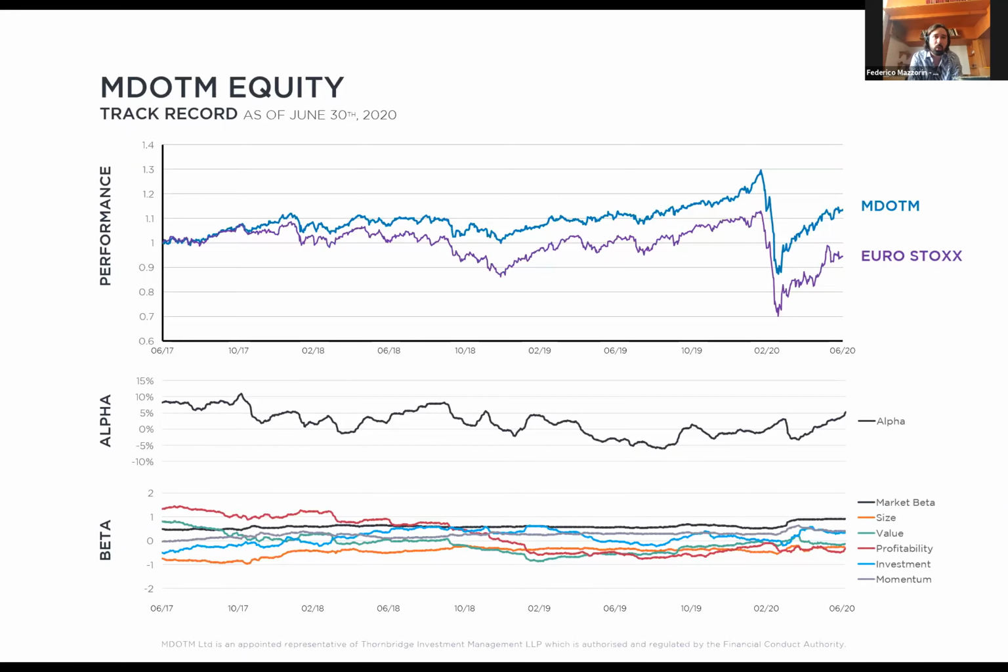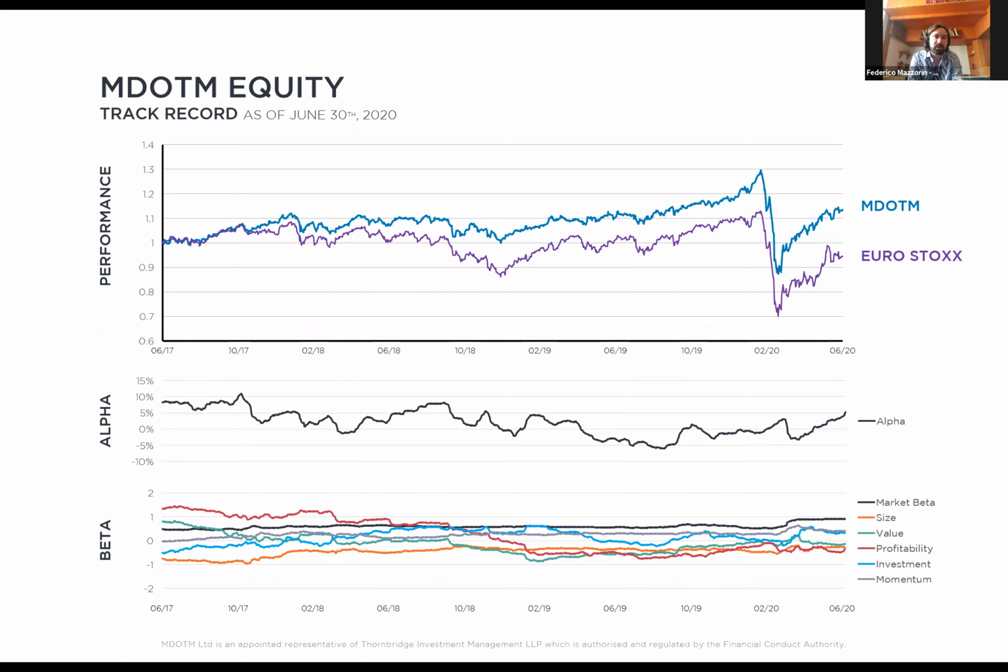As you can see, we actually overperformed the market, and the strategy did what it's supposed to do. On average, it had a volatility of 70% of the benchmark, and was capable of reducing the drawdown of the benchmark.